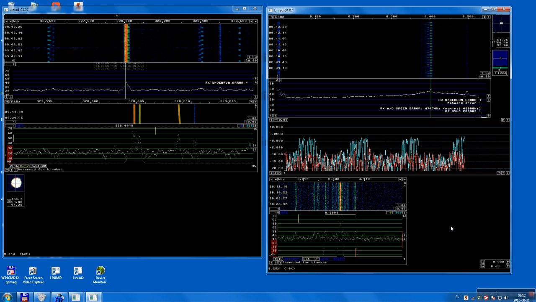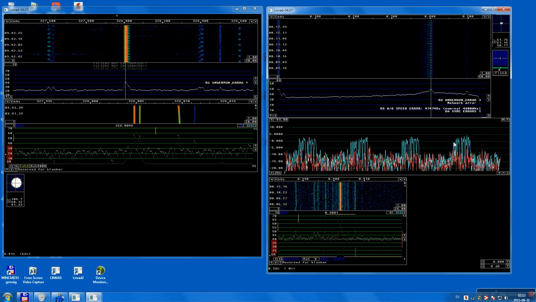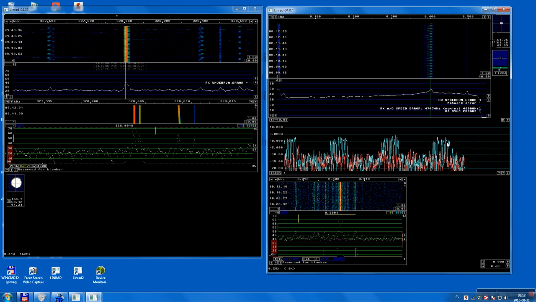As you can hear, the signal is quite okay. I've set the S meter to show about 0 dBm for the signal VJ, and we can see it very clearly here now.